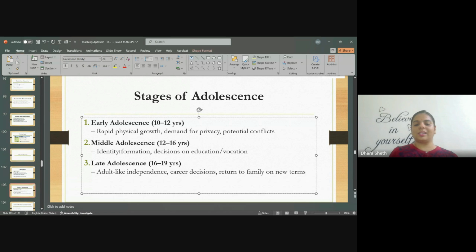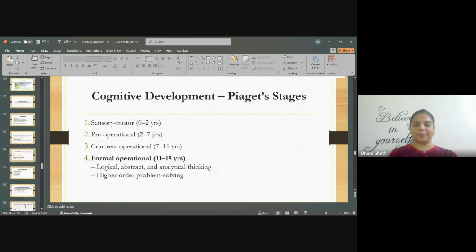Middle adolescence, their identity formation is happening. They are questioning, who am I, why am I, what is my position in this world? Decisions on education, vocation, what do I want to become? 10 standard, 16 years. Late adolescence, adult-like independence, career decisions, they return to family on new terms. Okay, so 10 to 12, 12 to 16, and 16 to 19. These are the stages of adolescence.